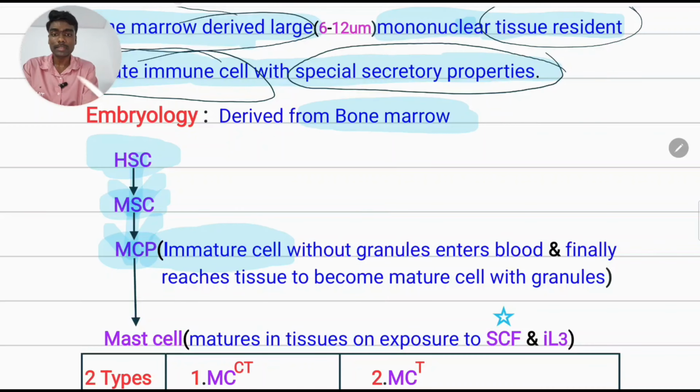They won't contain any granules. These mast cell precursors, soon after formation, will leave the bone marrow and reach the bloodstream. As I already told you, these mast cells won't like to roam in the bloodstream. Soon they will reach tissues and become a mature cell.